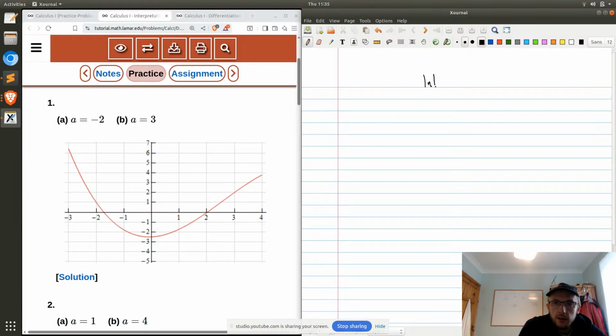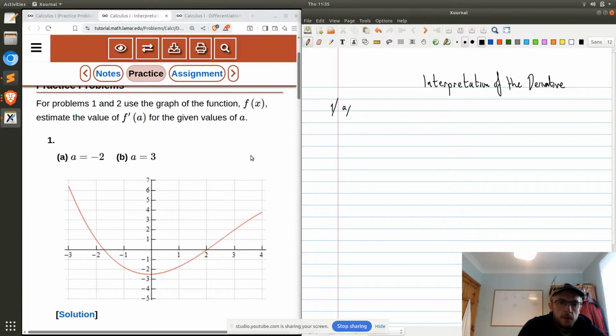So I'll just title this interpretation of the derivative. Estimating the value of f prime of a for a equals -2.